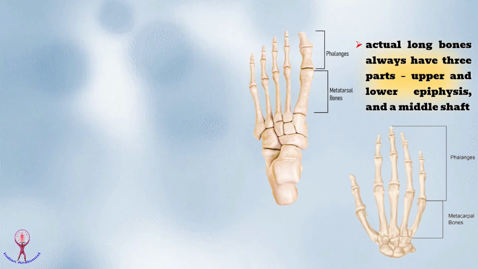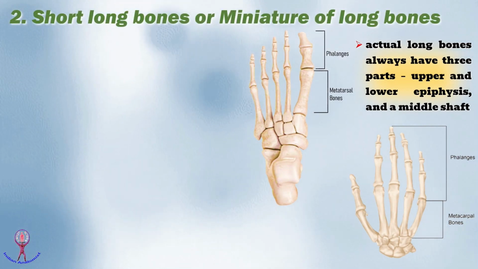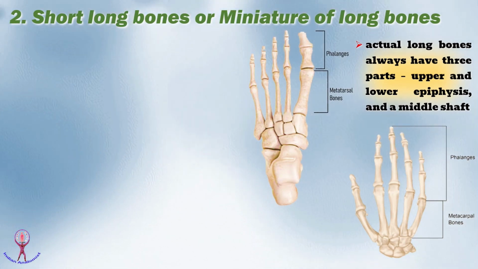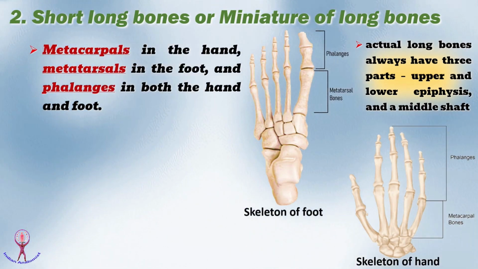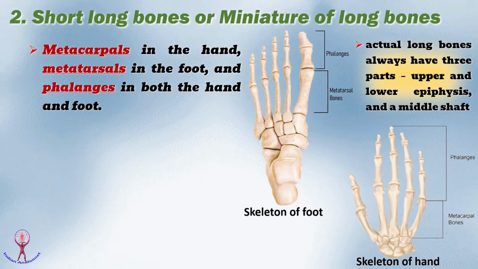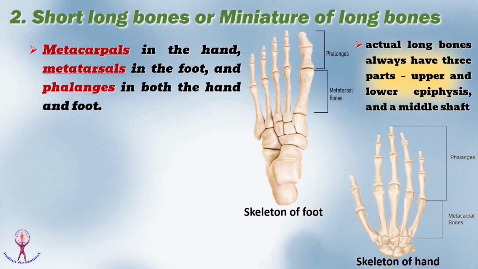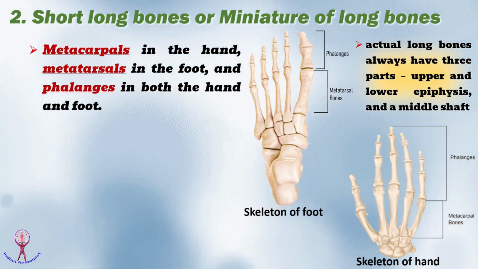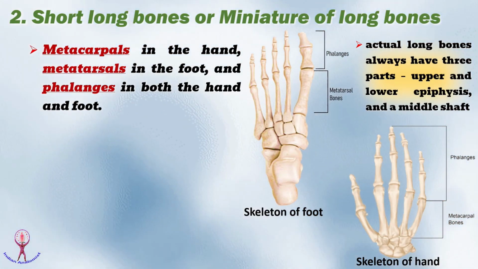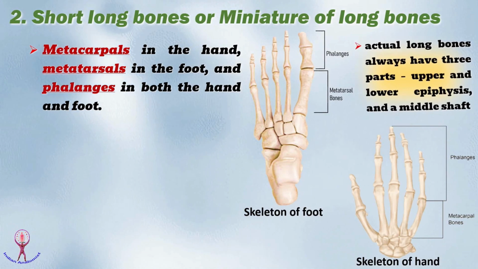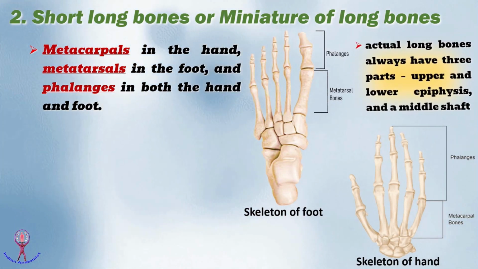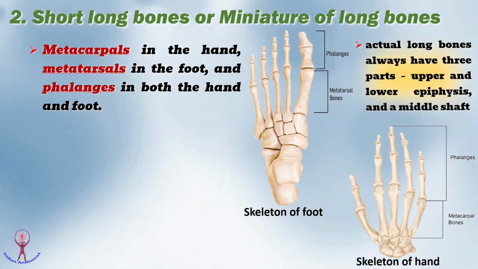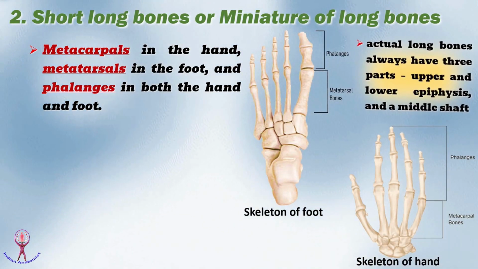Next are miniature or short long bones. Why are they referred to as short long bones? The metacarpals of the hand, metatarsals of the foot, and phalanges in both the hand and foot are some examples. These are regarded as long bones, but they are not true long bones, since actual long bones always have 3 parts: an upper epiphysis, a lower epiphysis, and a middle shaft.